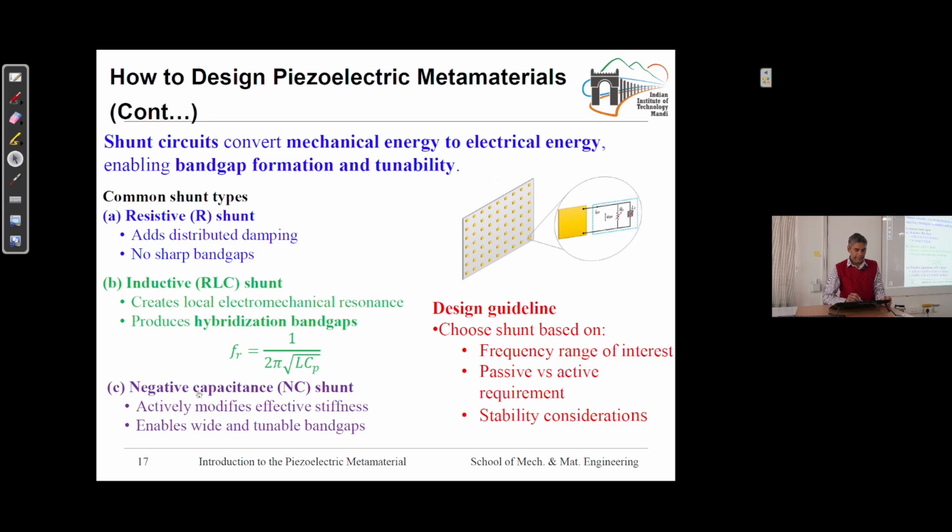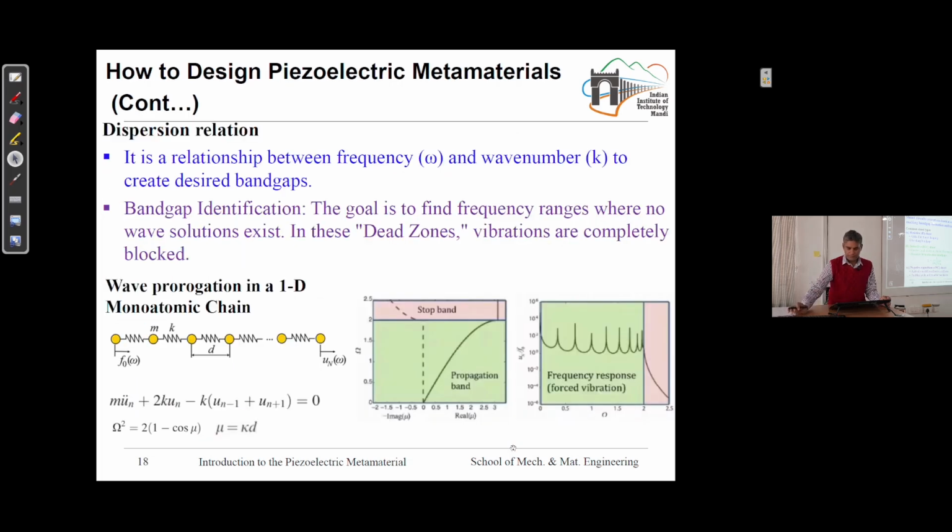Then we have negative capacitance, which can be done with the help of tunable band gaps. As design guidelines, choose the shunt based on the frequency range of interest, that is whether you have to use R, or RLC, or negative capacitance. Then passive and active requirements, then stability considerations.